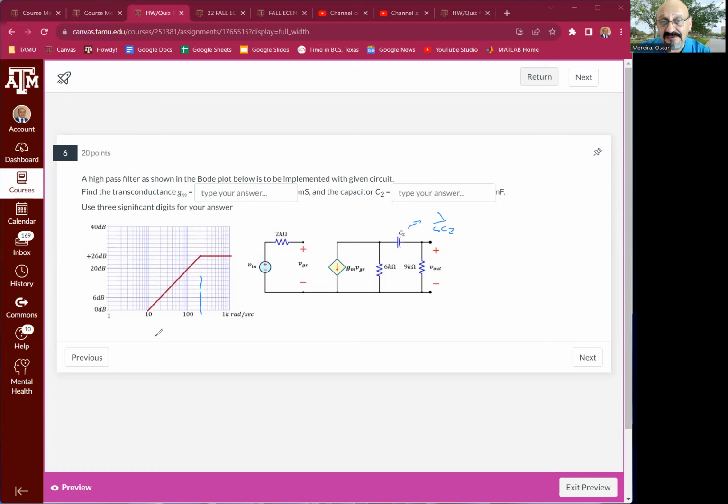So when you find the transfer function, you are going to find a first order function, and the location of the pole has to match this particular frequency given by this diagram. And the other thing is that at high frequencies, when s goes to infinity, right, the gain is 26 dBs. So in the numerator, you are going to have some constant, and that constant has to be equal to 26 dBs.